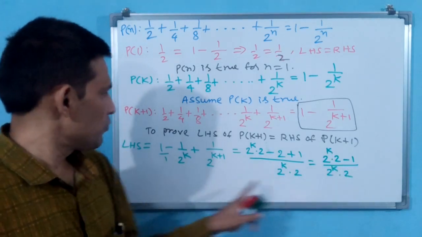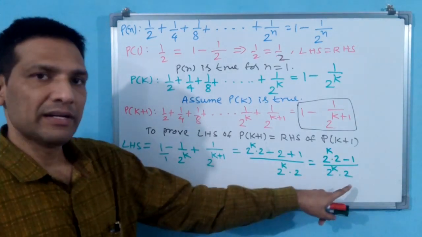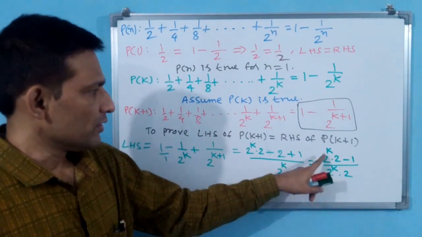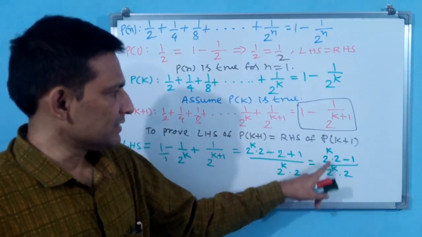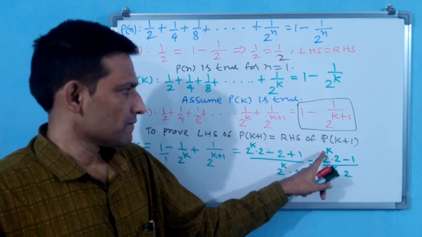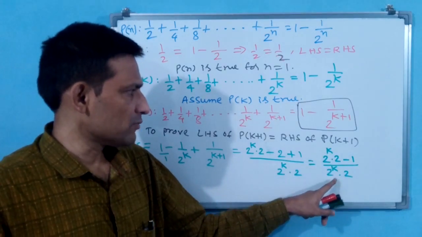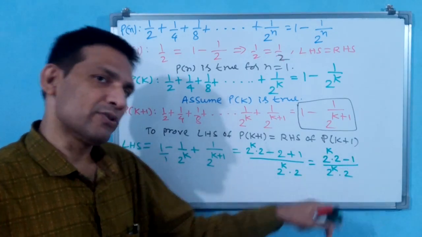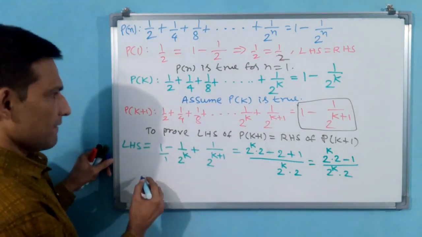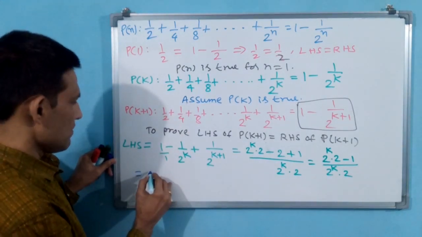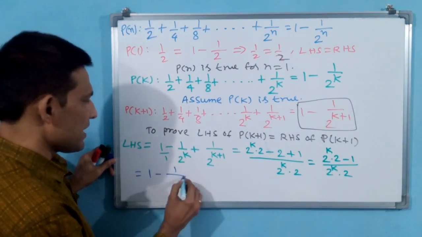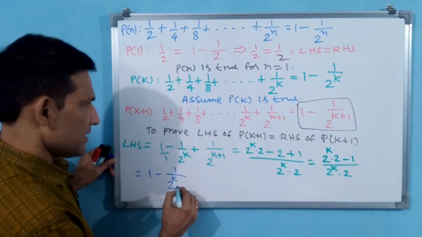See, 2 power k into 2 means 2 power k plus 1, we know very well. What I am going to do? I am dividing both: 2 power k by 2 power k into 2, minus 1 by 2 power k into 2. That we can write: 1 minus 1 by 2 power k into 2.